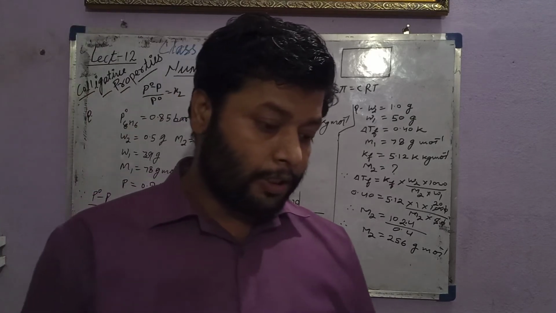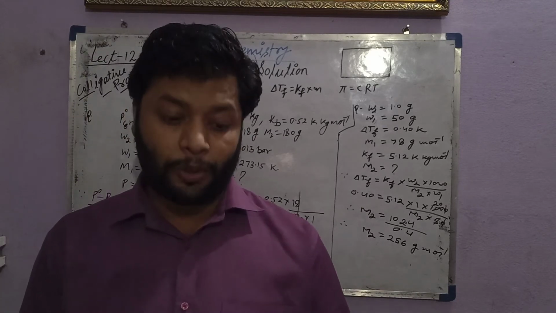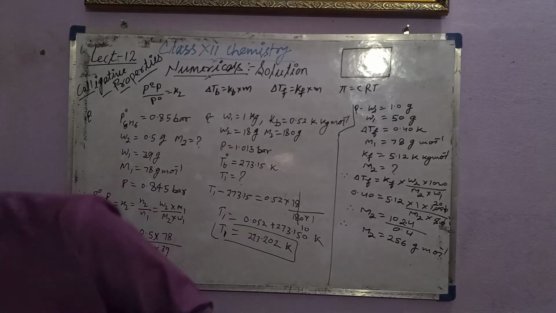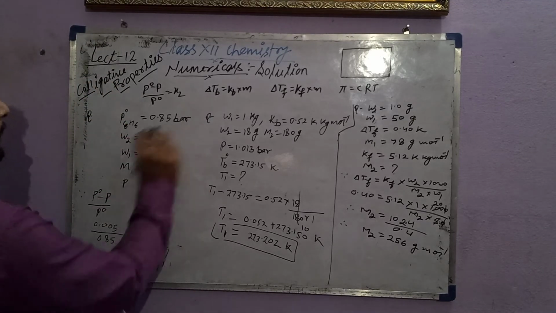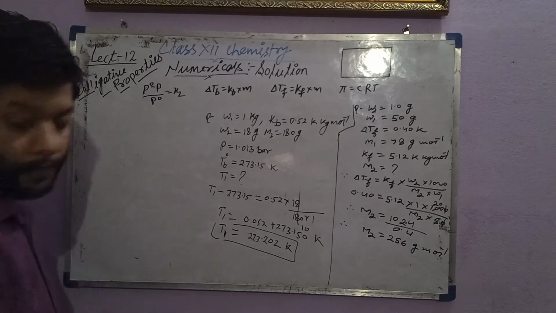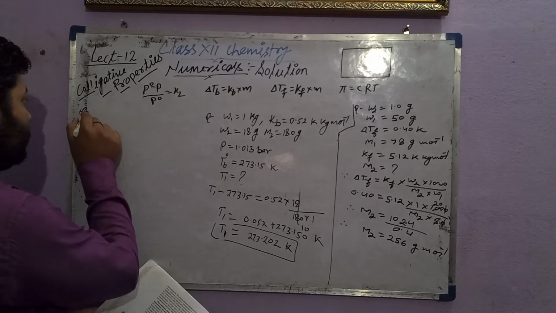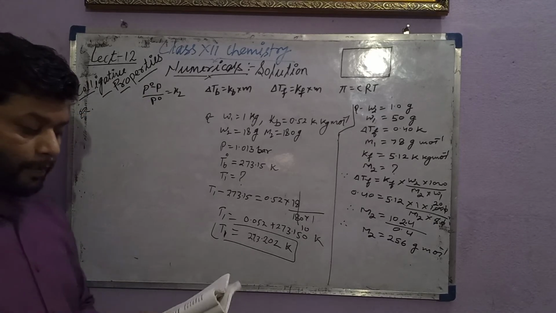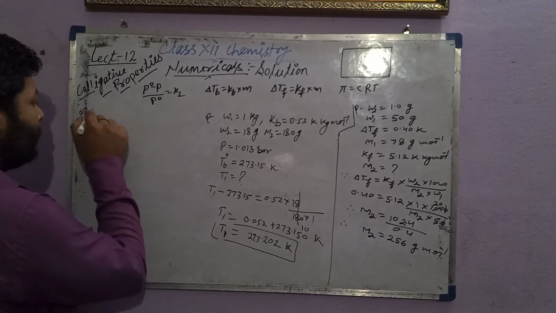The question is based on osmotic pressure: 200 centimeter cube of an aqueous solution of a protein contains 1.26 gram of the protein.